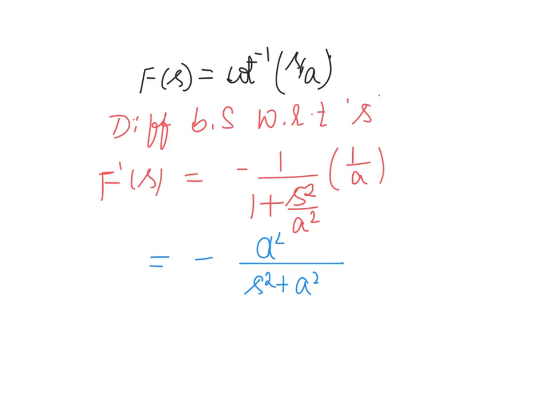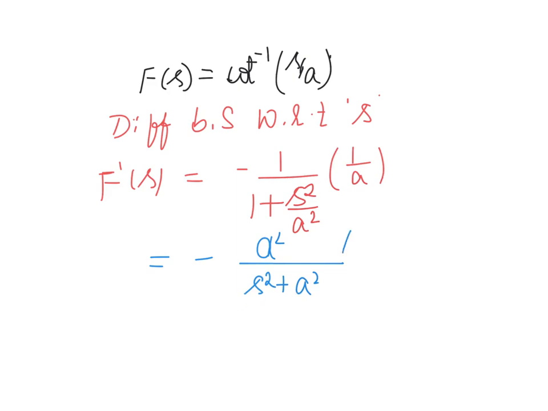Taking the LCM in the denominator, 1 plus s square by a square, we take a square as the LCM. This gives a square plus s square, which I have written in order as s square plus a square, divided by a square. That divide by a square goes to the numerator, which is what is written here: a square divided by s square plus a square.